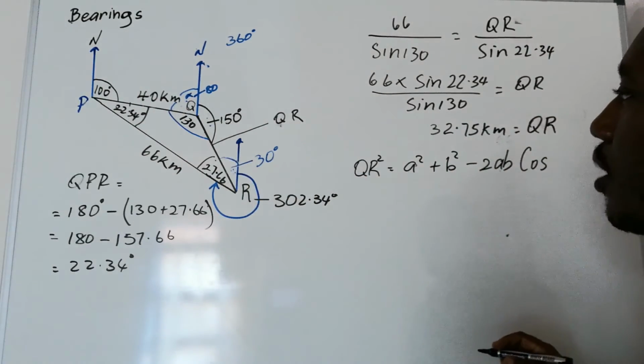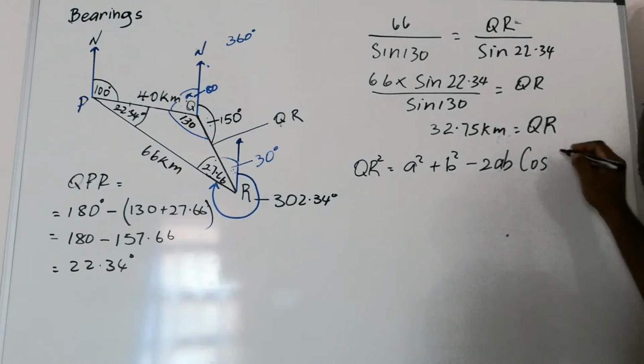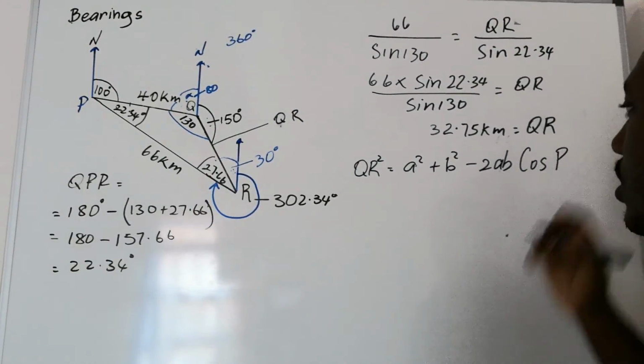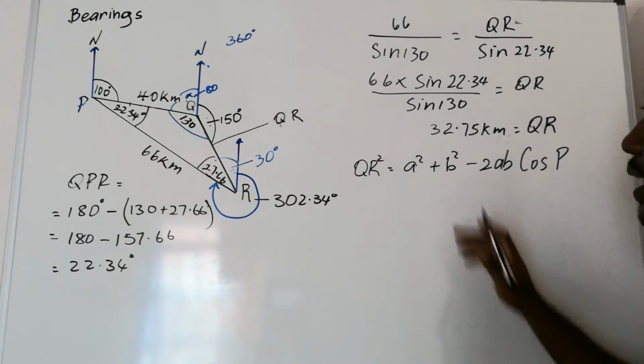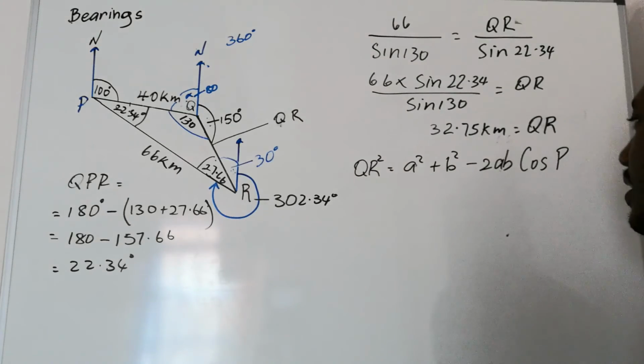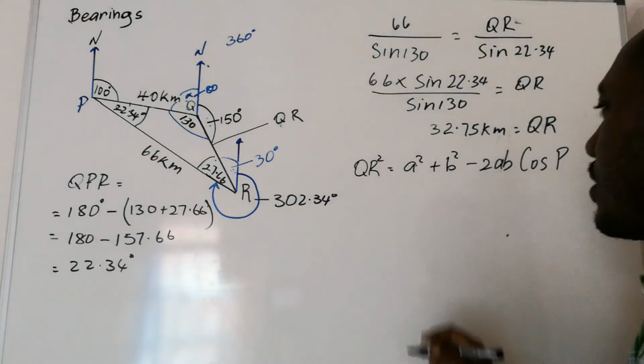We will call that angle the angle P. And a and b will be 40 and 66.